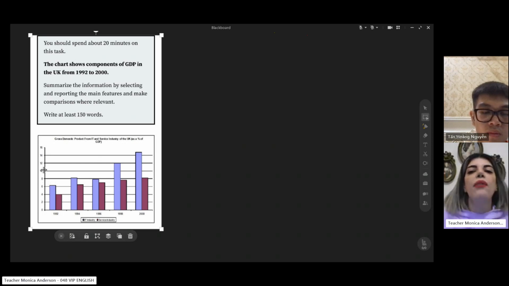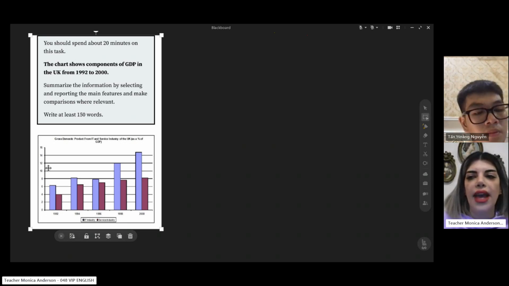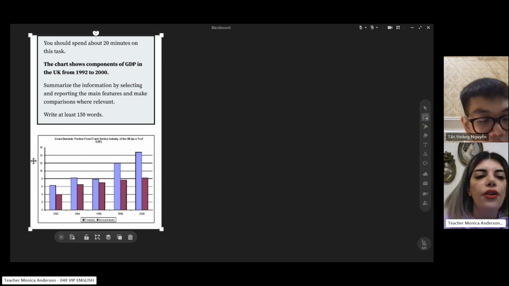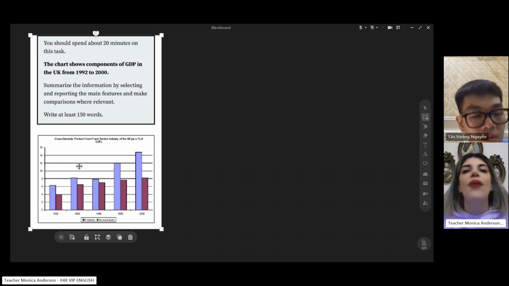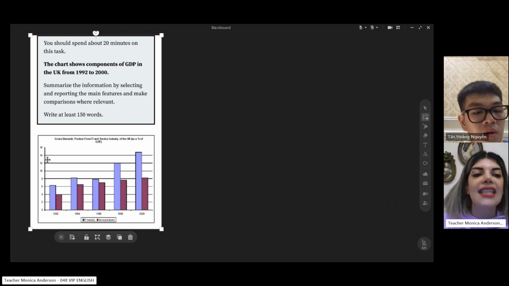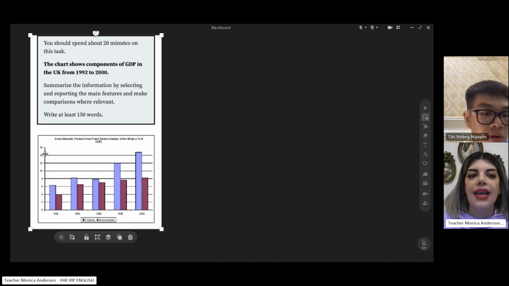At the beginning of the period, in 1992, the service industry accounted for 4% of GDP, whereas IT exceeded this number at just over 6. This is about the first year.